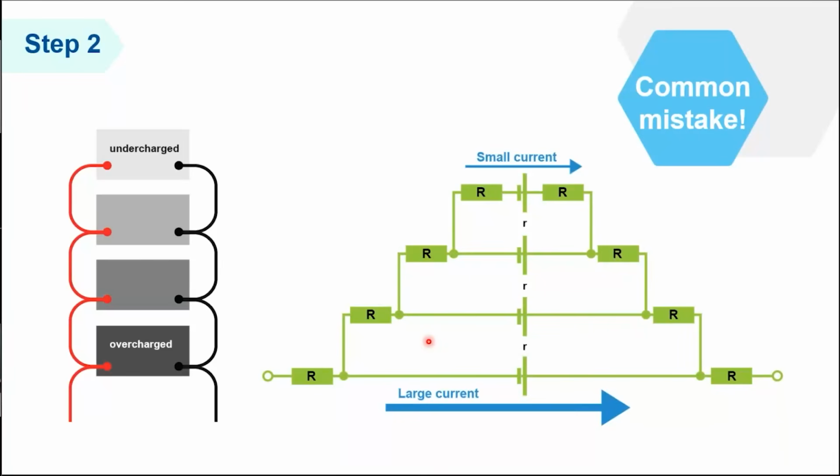And what is the drawback of this? Each set of leads has its own resistance and it is additive. And the top battery will provide much less current than the bottom battery. And what happens if the battery bank is being charged? The bottom battery gets charged with a higher current because it sees less resistance in its path to the batteries.